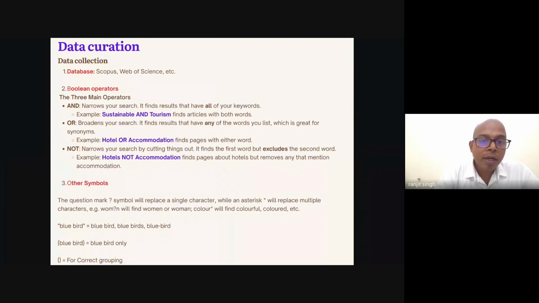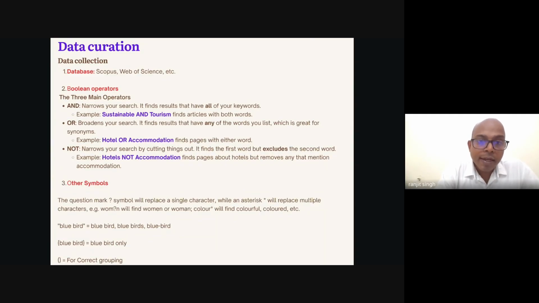Next is NOT. NOT is generally used to again narrow down a search. For example, you want to study loyalty in the case of hotels only, 5-star, 2-star, 3-star hotels, not in the case of resorts or accommodation. So NOT can be used in that case, and NOT cannot be used solely. It should be used with AND.